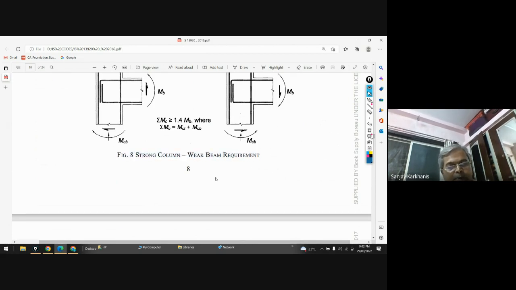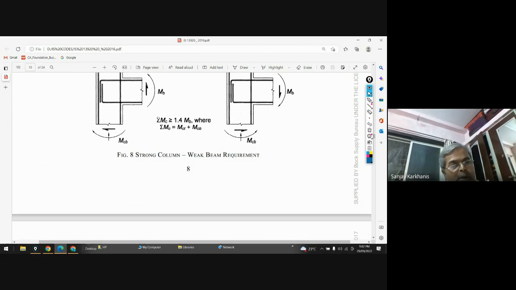Many times people feel, अरे ये क्या बता रहे हैं, ये तो beam को weak करने को बोल रहे हैं. It's not weak. If I am comparing the strength of the beam, or the moment carrying capacity of the beam, with the moment carrying capacity of the column, I will say that the moment carrying capacity of the column is more than that of the beam, and that is exactly what you can see over here.